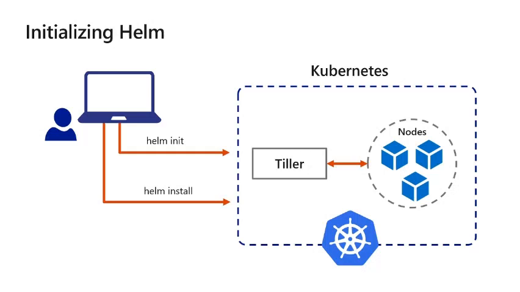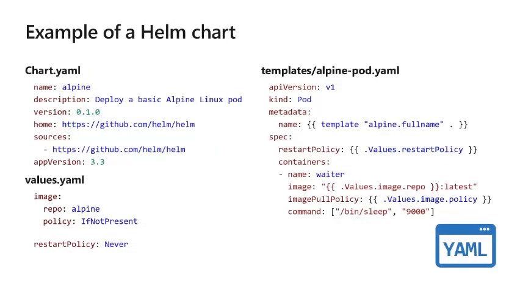This command installs Tiller if it's not already installed and makes sure the version of the Helm CLI and Tiller match. Then you can deploy a Helm chart using the helm install command. Tiller will manage the deployment within the Kubernetes cluster. So you can simply use Helm to manage all your dependencies.